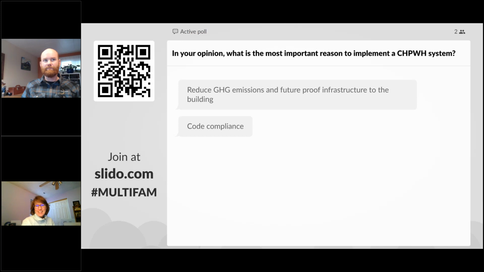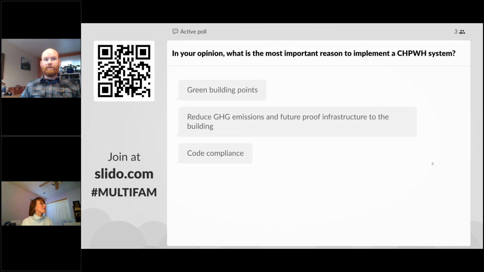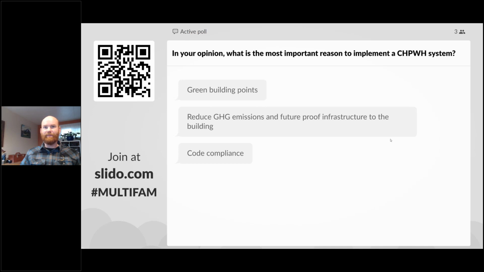Great, looks like we've got another person agreeing. I'm looking off to the side here because this is my second screen. Perfect. Yeah, building points. We can get some code points, or if we're working with a LEED certified building, there's great opportunity to get points there to go up to that platinum level of LEED certification or whatever green building program you're working on.